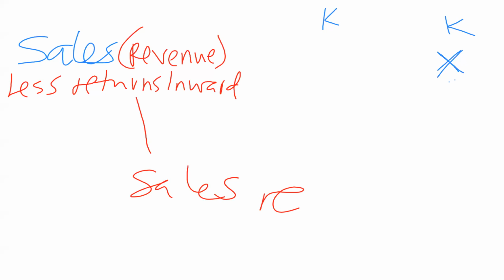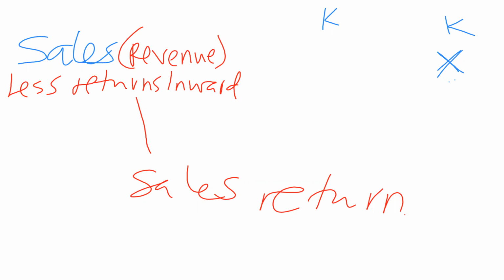What this means is that as a company or as a business, you have made sales, you sold something, then those people to whom you have sold those things have decided to return them. Probably those things don't meet their standard or something. They've just decided to bring back the things that you had sold.